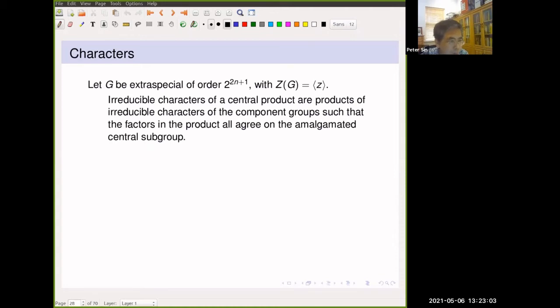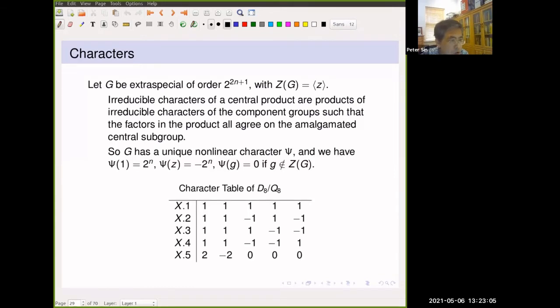What this means is that if you look at the character tables of D8 and Q8, they look the same. There is only one nonlinear character of degree 2, and it takes the value -2 on the center.